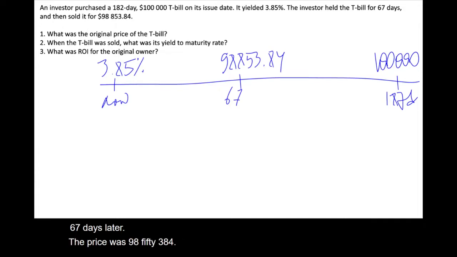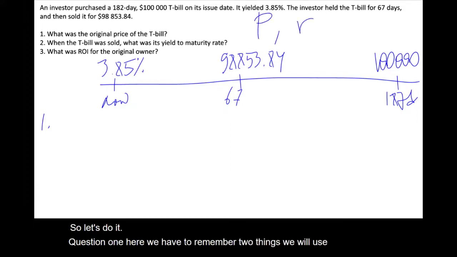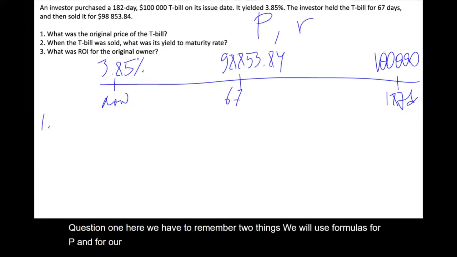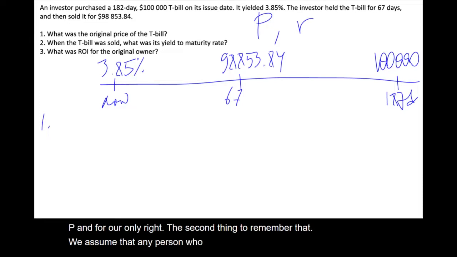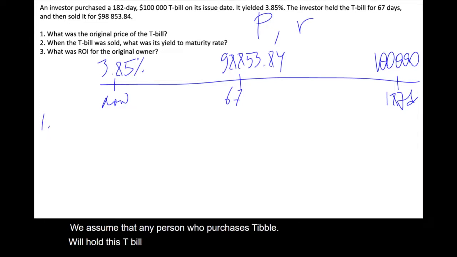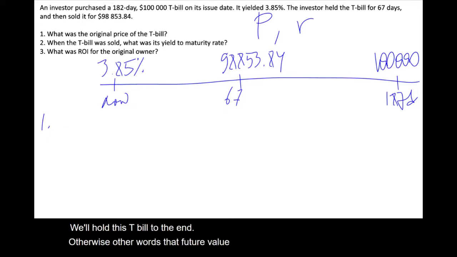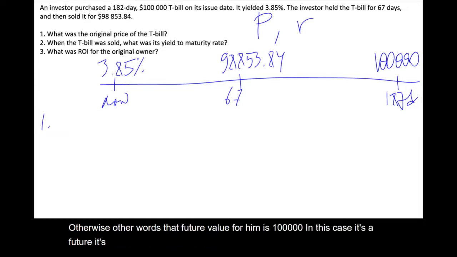Okay, so let's do it. Question 1. Here we have to remember two things. We will use formulas for P and for R only, right? The second thing to remember is that we assume that any person who purchases a T-bill will hold it to the end. In other words, the future value for him is 100,000. In this case, it's the face value of the T-bill.